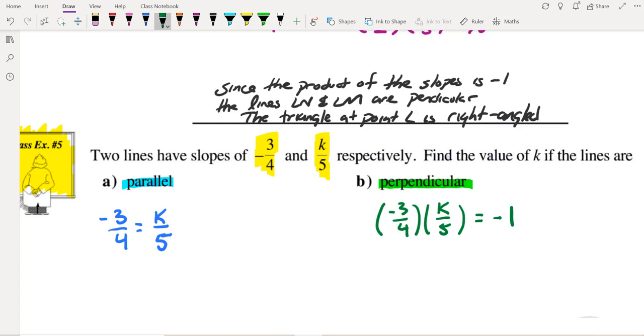So now you have an equation for parallel lines, and an equation for perpendicular lines. So the next job is to find out what the value of k is. So you need to solve the equations. So pause the video and solve the equations and see if you can come up with the value of k needed to have parallel or perpendicular lines.